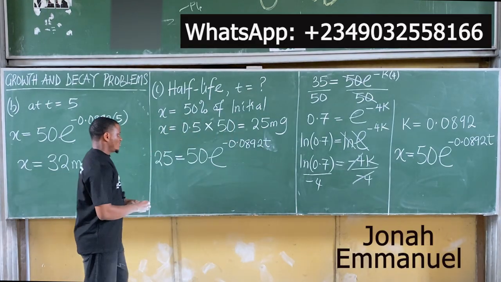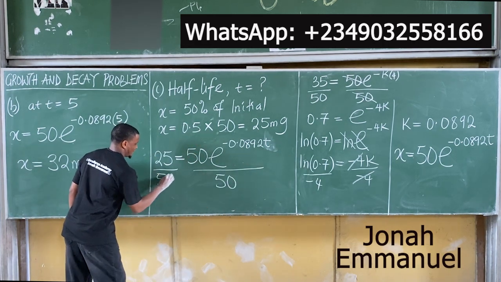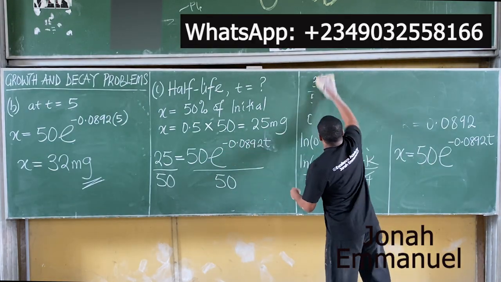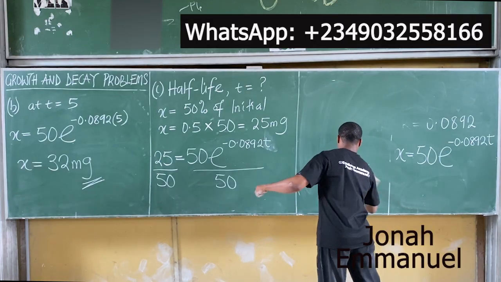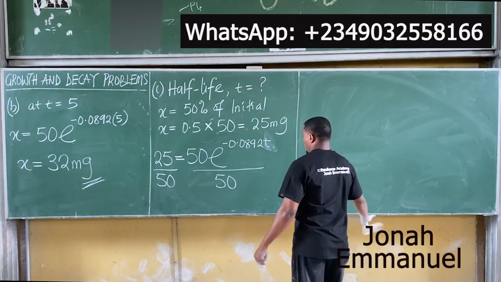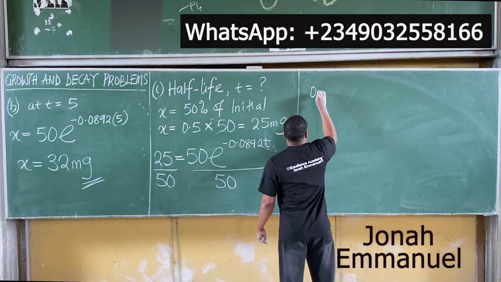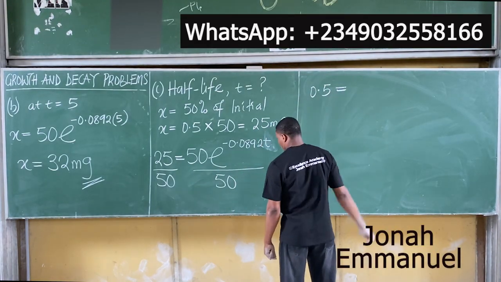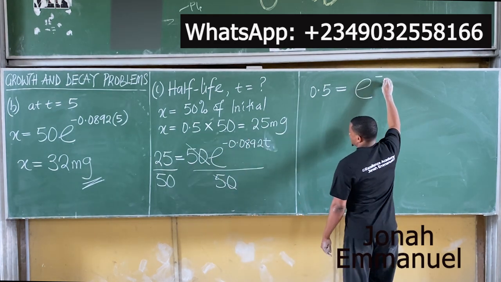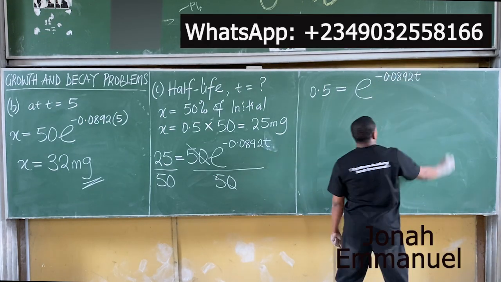We don't know. To solve this, my first task is to divide here by 50, divide here by 50. 25 by 50 is 0.5. So 0.5 is equal to exponential minus 0.0892t.